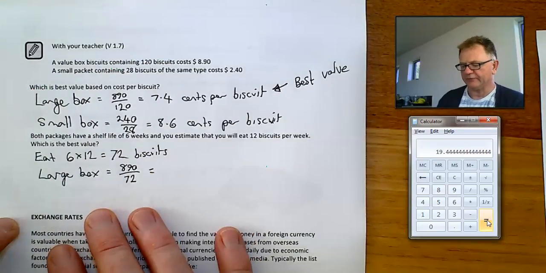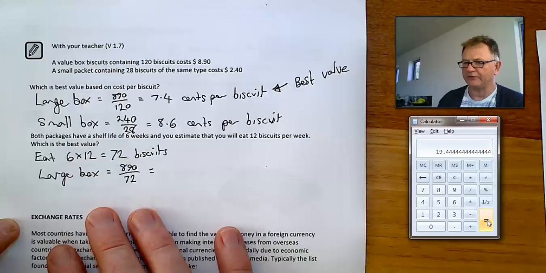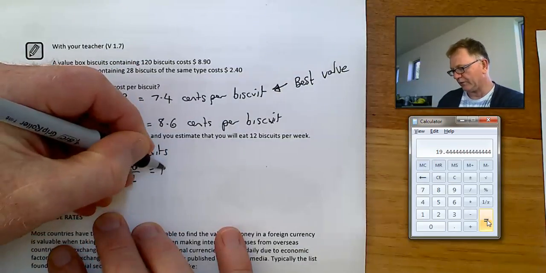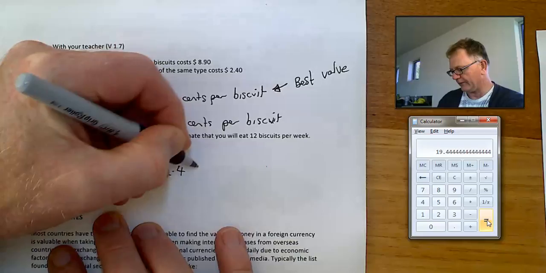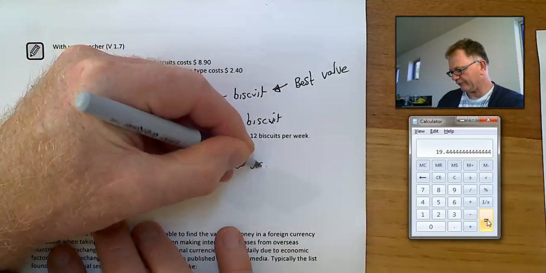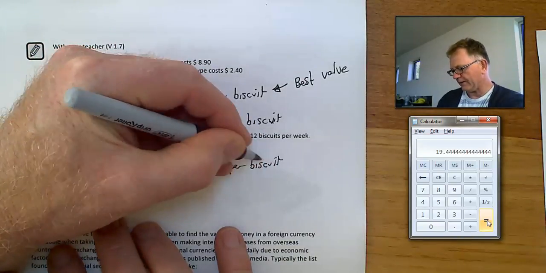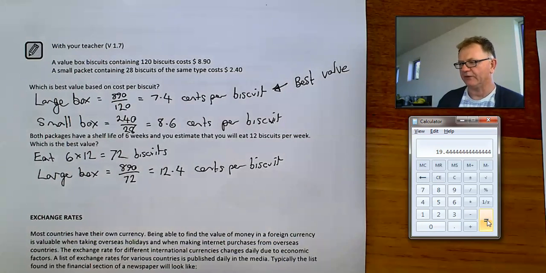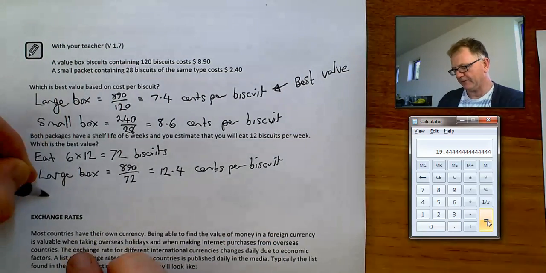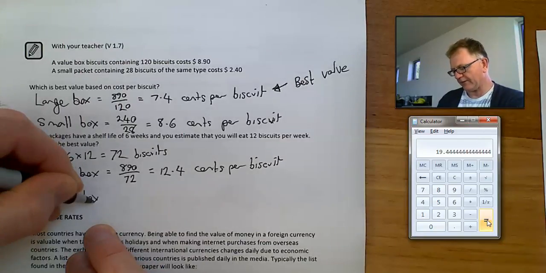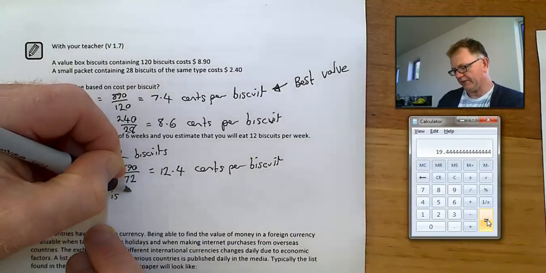So if we do it that way and we work out its cost, 890 divided by 72, you can check me on this, it works out to be 12.4 cents per biscuit. Now, that's more expensive than buying the small packs. So under those circumstances, the small box is better value.